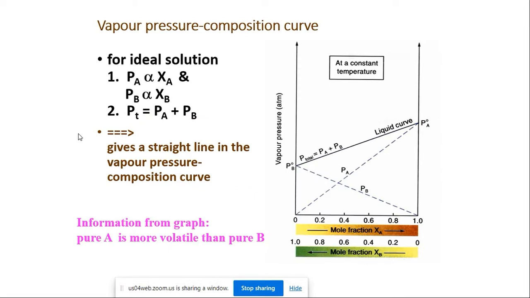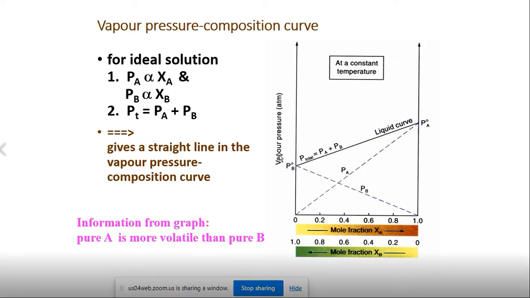So this is the vapor pressure composition curve, right? Here, this is 100% of XA, and this is 100% of XB.